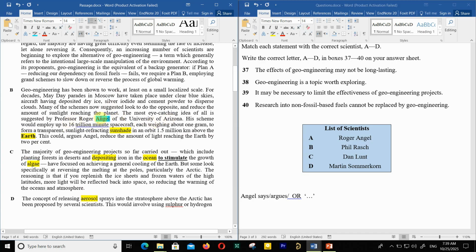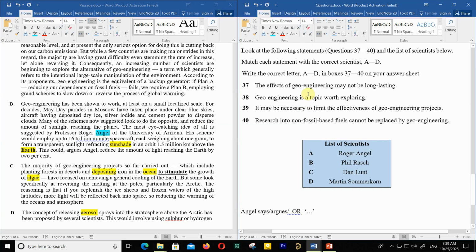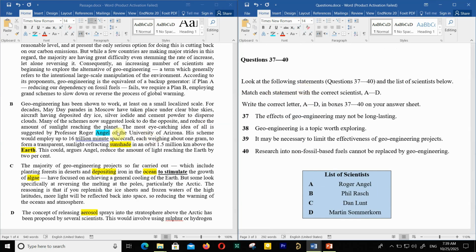Here, this is just an introduction, who is this person, and after that it says that his scheme would employ up to 16. Actually, we already read that sentence, and it is not a statement that he says.